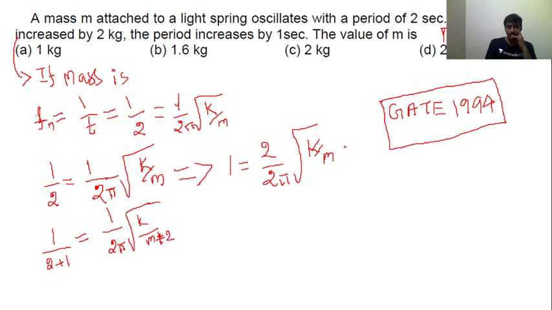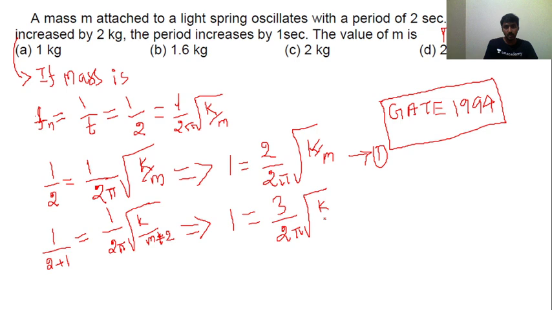I am taking this as the first equation. From the second one, 2 plus 1 is equal to 3, so 3 divided by 2 pi into root of k divided by m plus 2. I am taking this as equation 2.